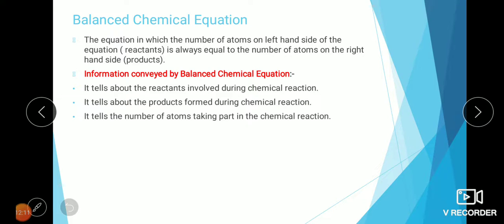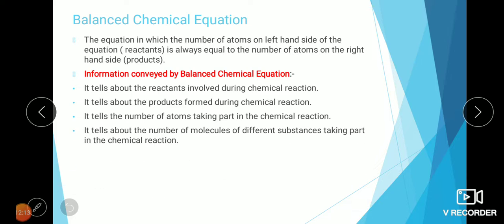It tells about the number of molecules of different substances taking part in a chemical reaction. NaCl is a molecule, NaOH is a molecule, H2O is a molecule. So I can come to know how many molecules are taking part in a chemical reaction. It tells about the volume of the gaseous reactants and products.